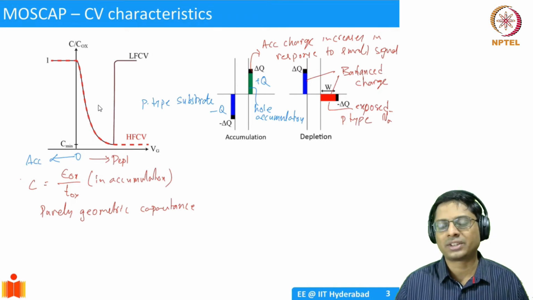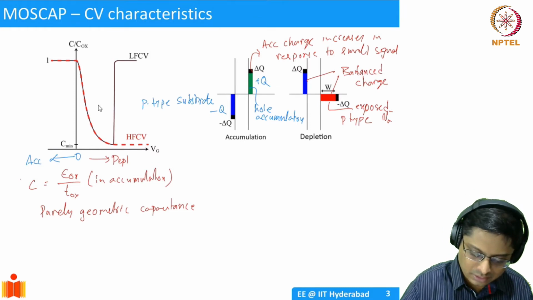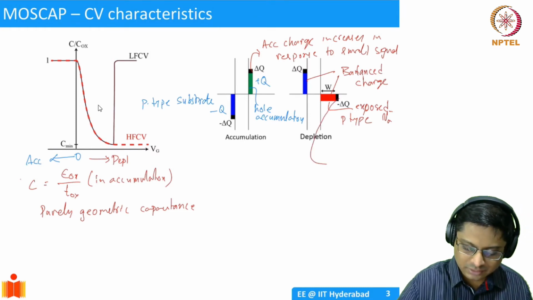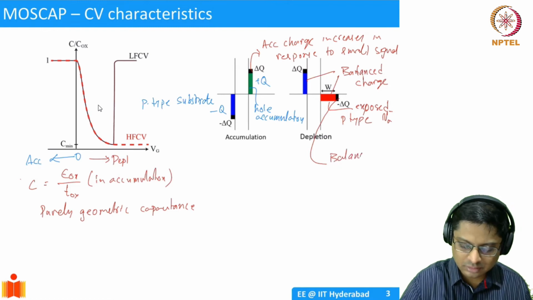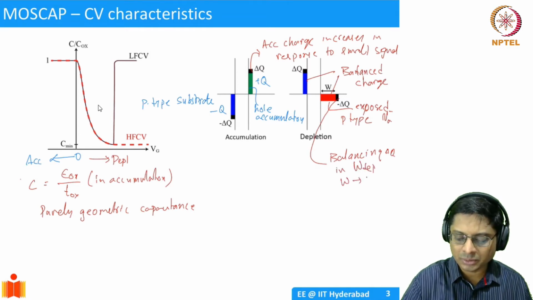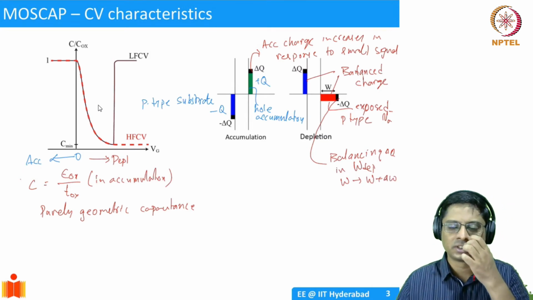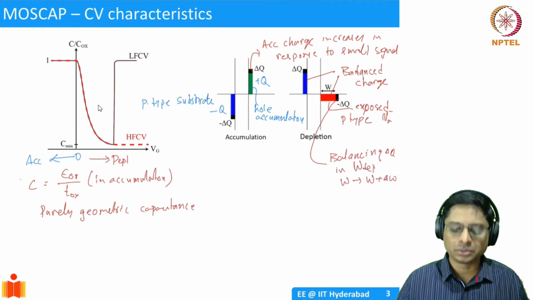Remember, we are not changing the bias, so it's a small change. So this is the balancing delta Q in depletion region. So basically, W is going to change from W to W plus delta W, something small change in the depletion width.